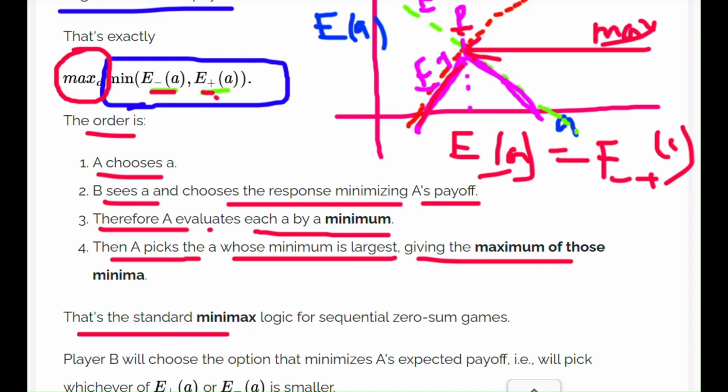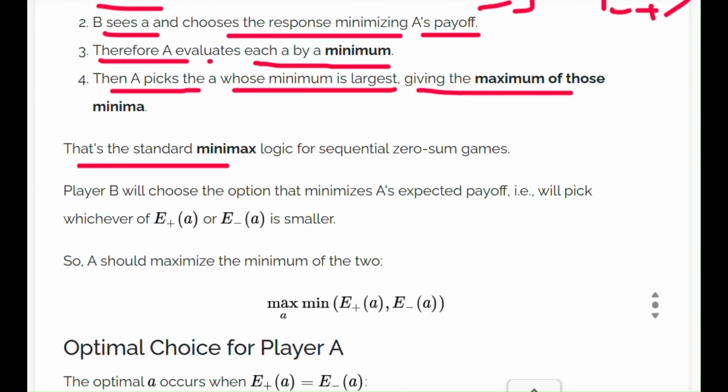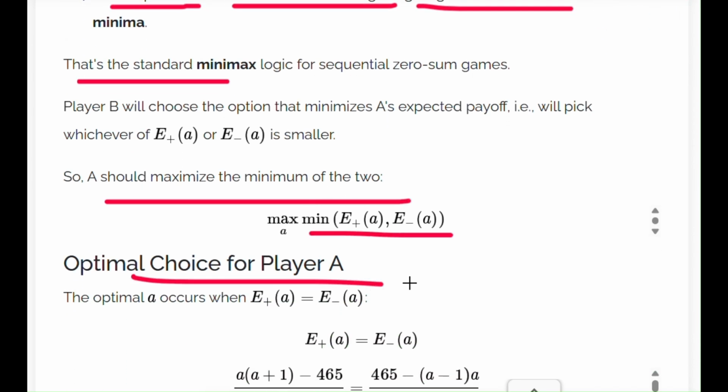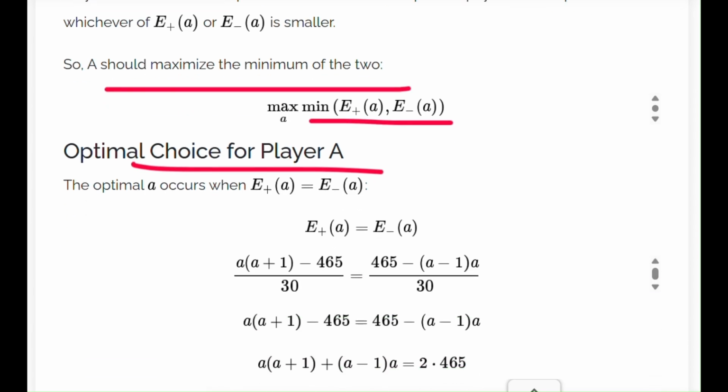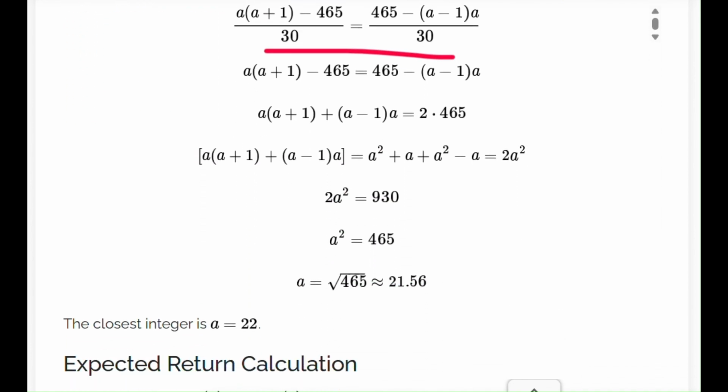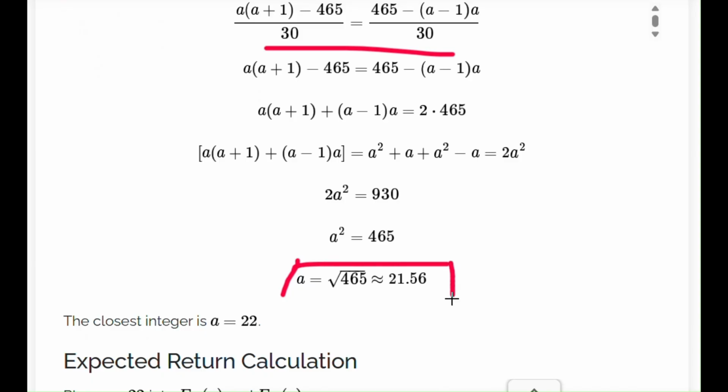This is a standard minimax logic, which is used in sequential zero-sum games. So A should maximize the minimum of these two. The optimal point, as we just discussed, happens when E plus A is equal to E minus A. Now equating these two expressions gives us a value of A equal to 21.56.